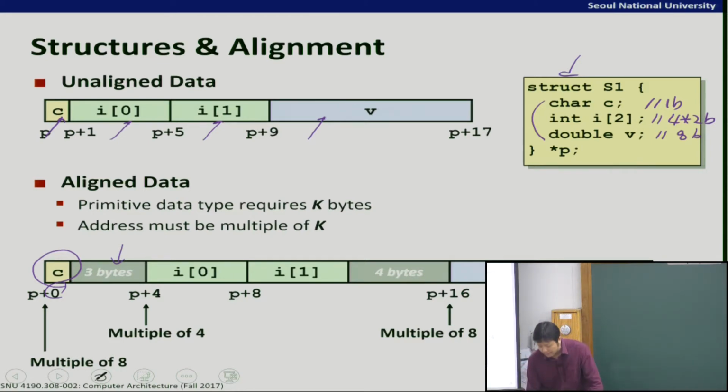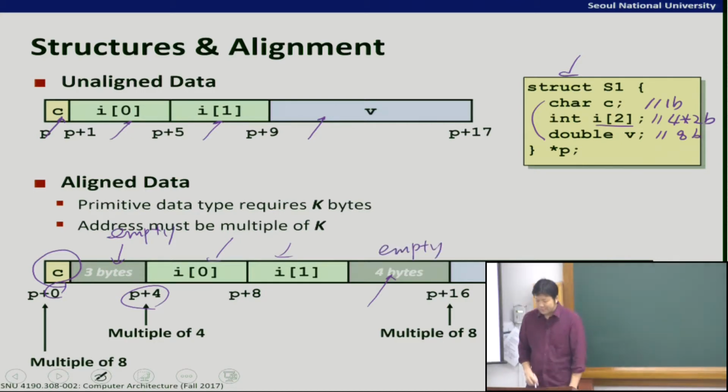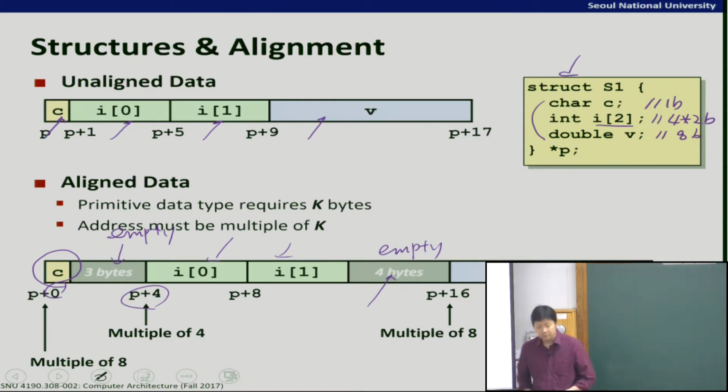The next 2 integer elements start at offset p plus 4, followed by i0 and i1. And again, there's another 4-byte empty field. And the last field starts at offset 16, p plus 16. So eventually they take 24 bytes.